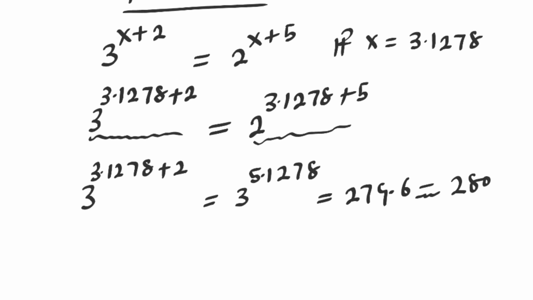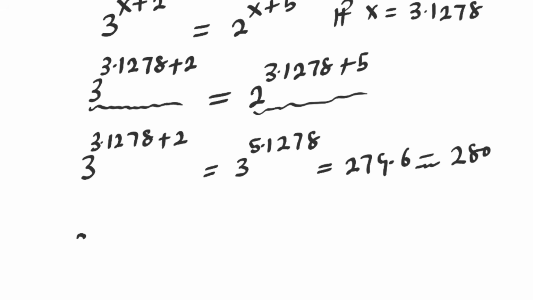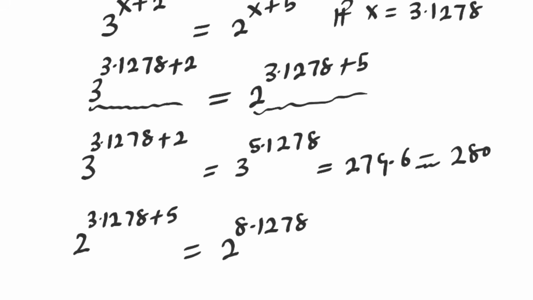Let us consider this. We have 2 raised to power 3.1278 plus 5 is equal to 2 raised to power 8.1278 and is equal to 279.712.